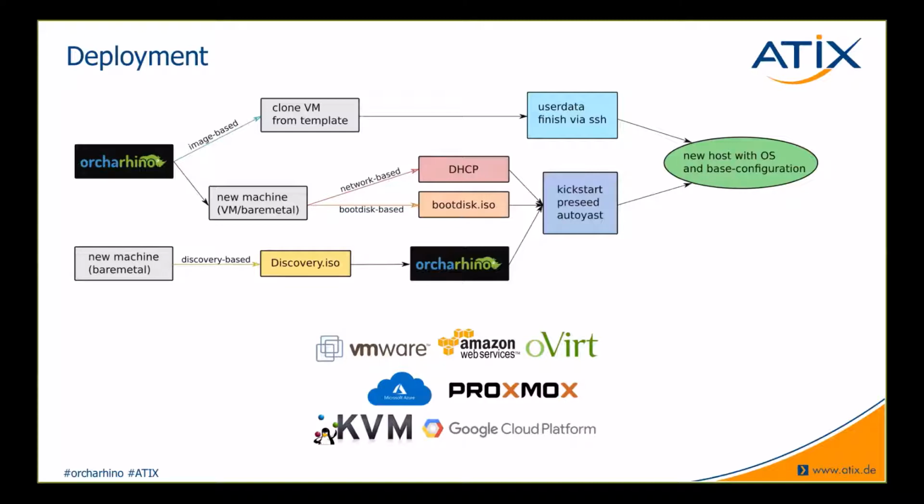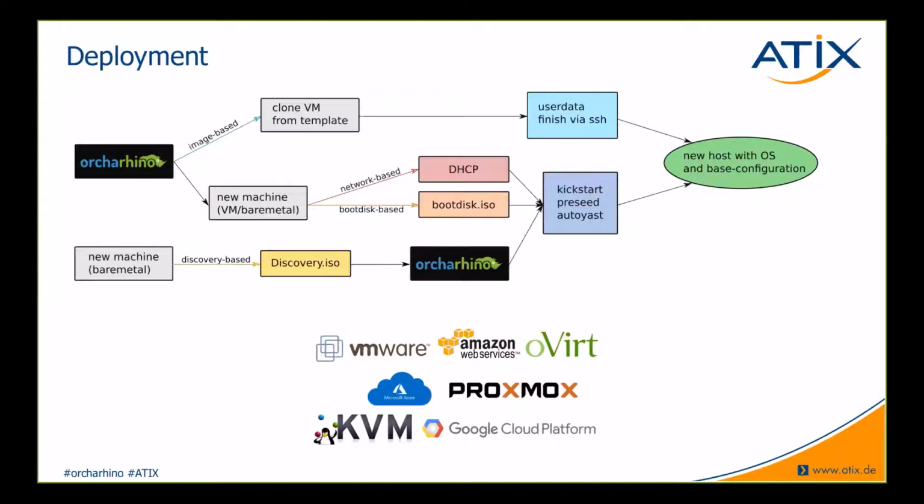On the other side, you can deploy new virtual machines and bare metal machines with a network-based installation. You boot up your machine, and a DHCP server gives you the network configuration, like the IP address and the DNS server, and points you to your kickstart, preseed, or autoyast file, whatever you need to automatically set up your operating system and maybe already configure some services in it.